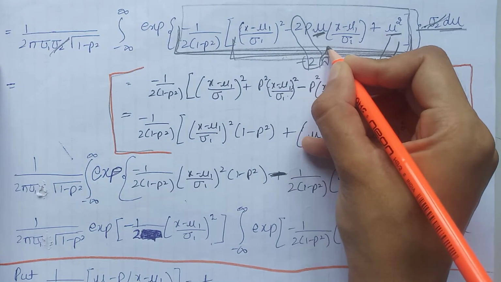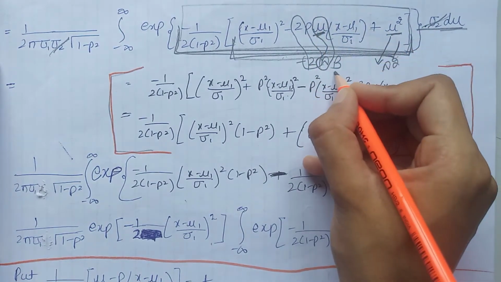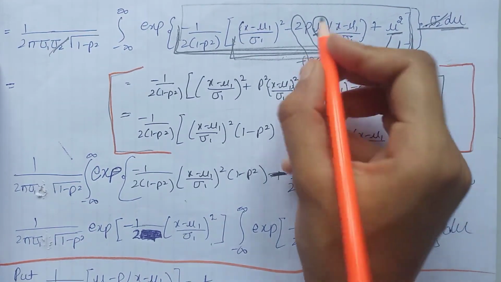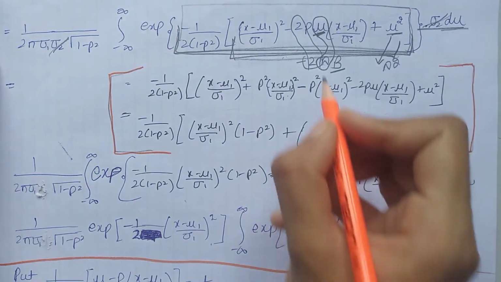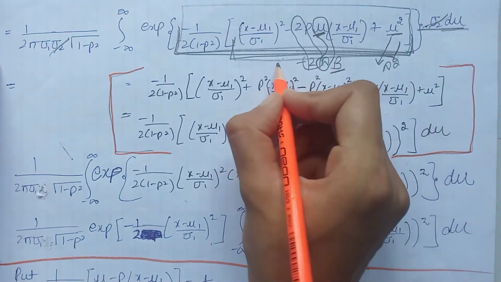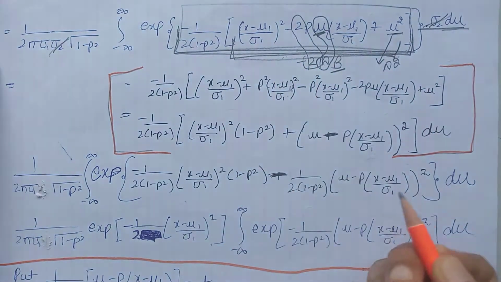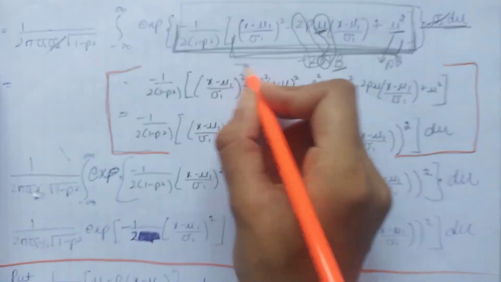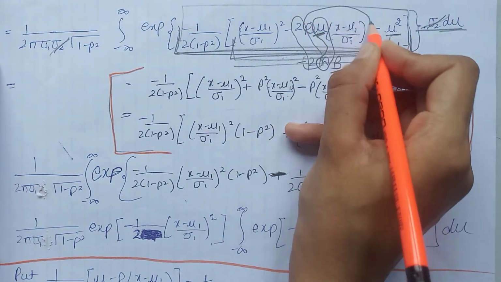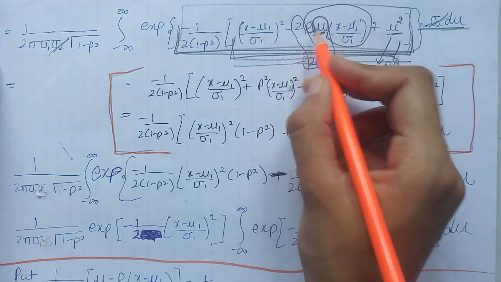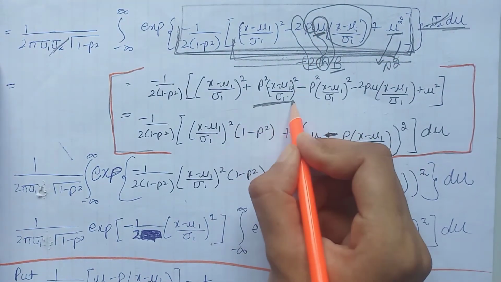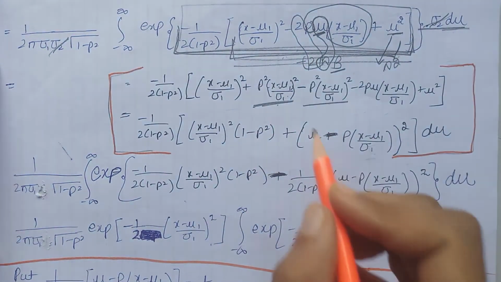If this is our a, then our b is equal to rho multiplied by x minus mu 1 divided by sigma 1. That means now we need a plus b square here. So we will add to this whole expression the plus of this square and the minus of this term square, that is, plus b square minus b square.